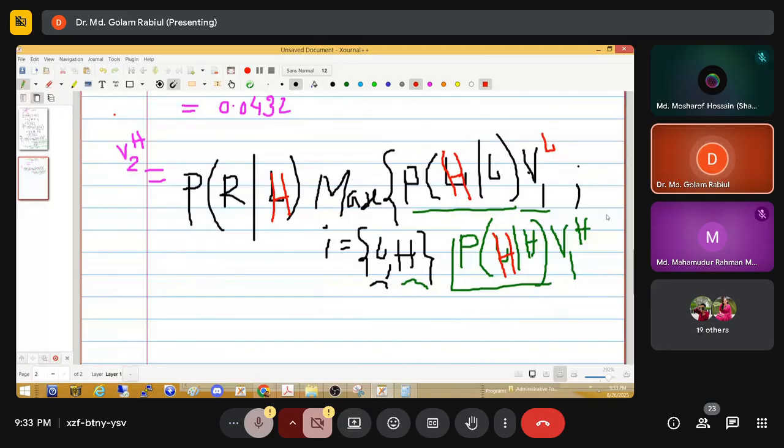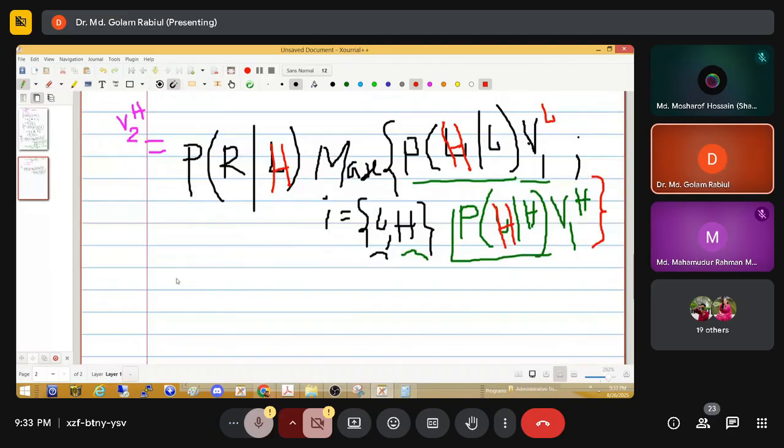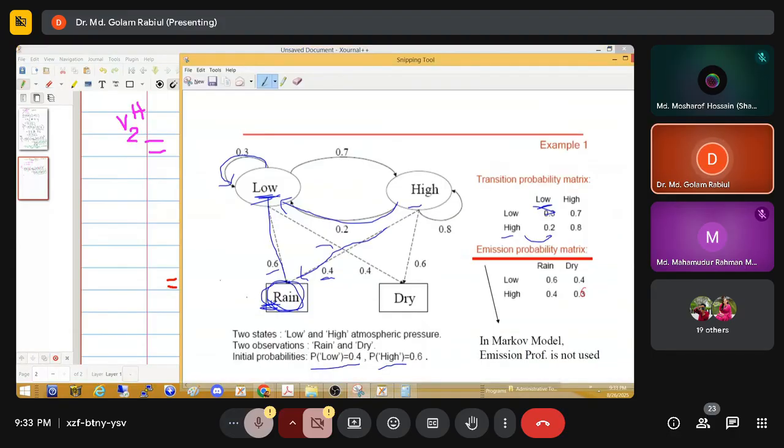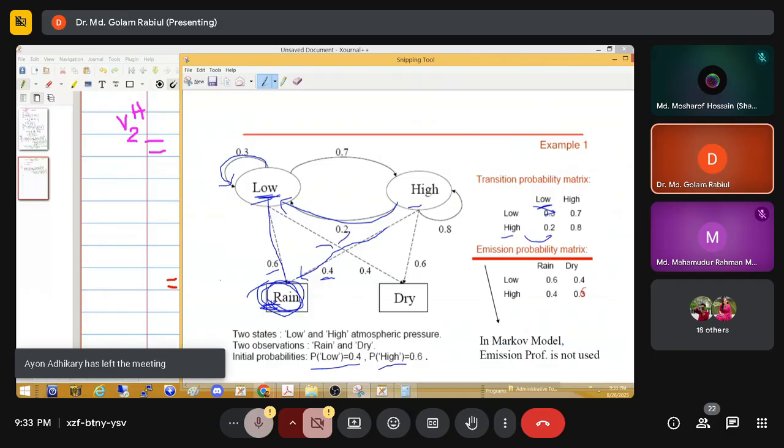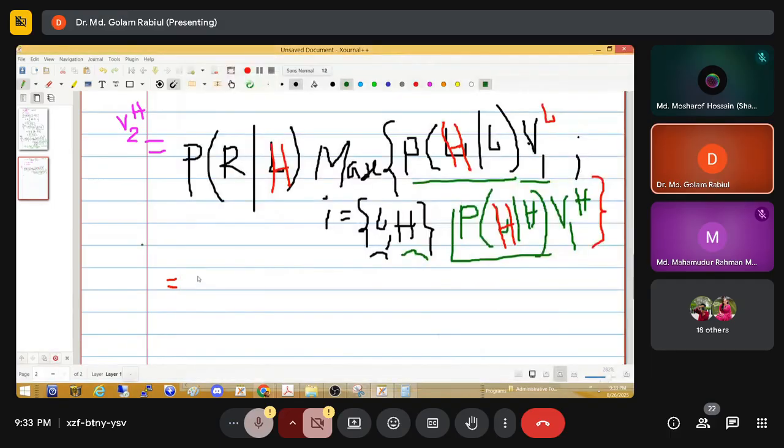Between these two, from which one will we get the maximum? Then we can write the probability of R given H. From our model, the probability of rain given high atmospheric pressure is 0.4.